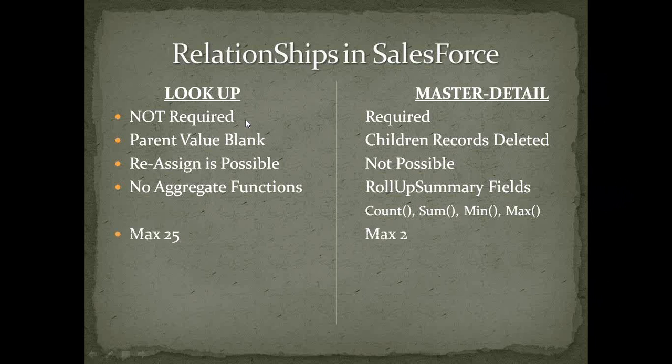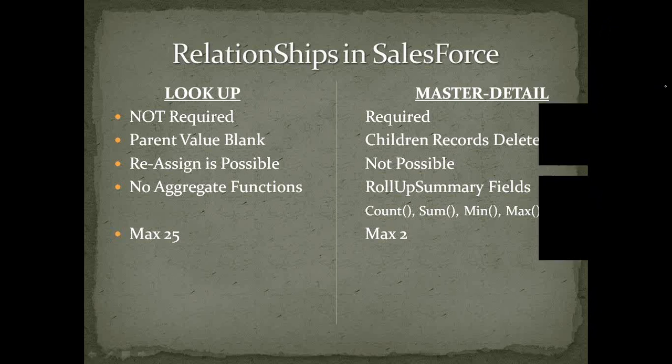Well, in case of a lookup relationship, now I am establishing the relationship of student with faculty. So one lookup. Like that you can create course, you can create country, you can create fee structure. So like that you can go up to 25 max. So this is the limit of lookup relationship fields.